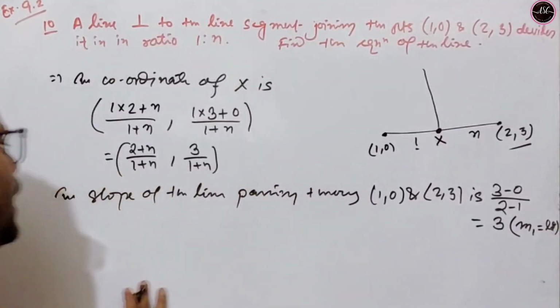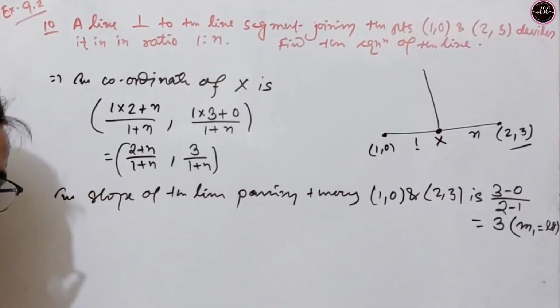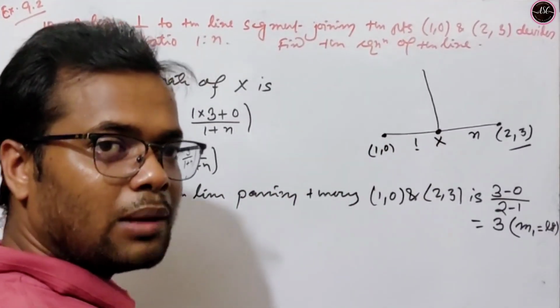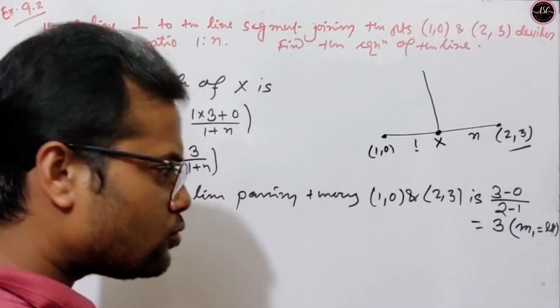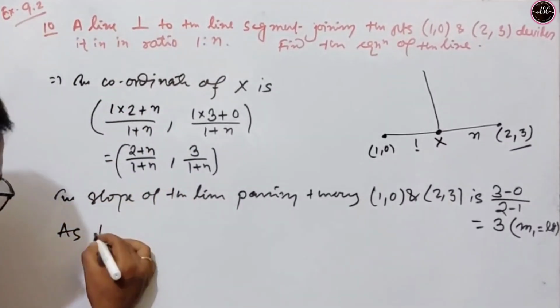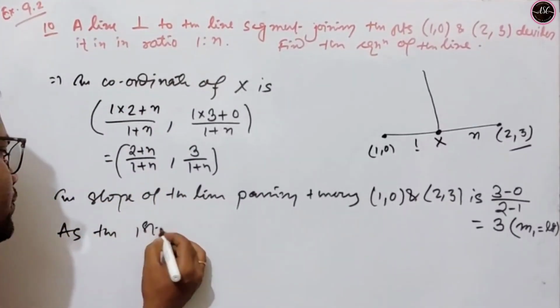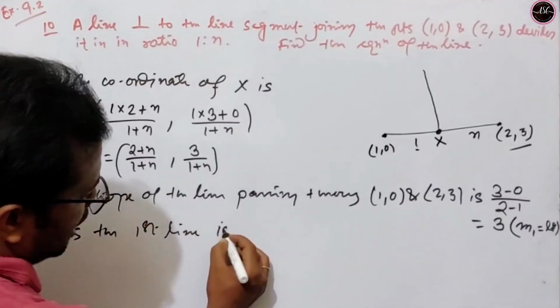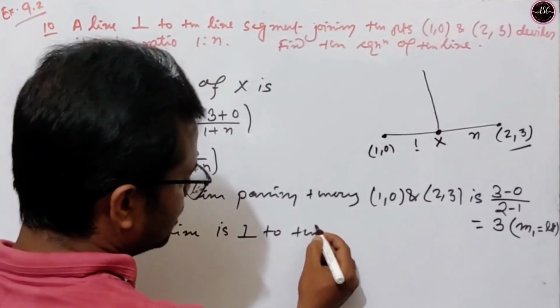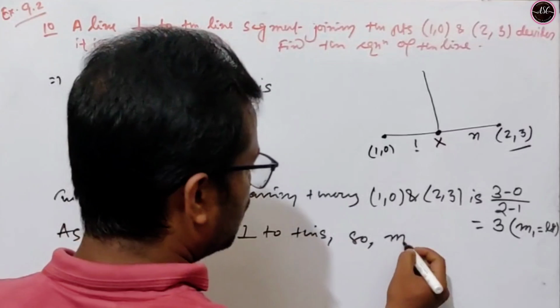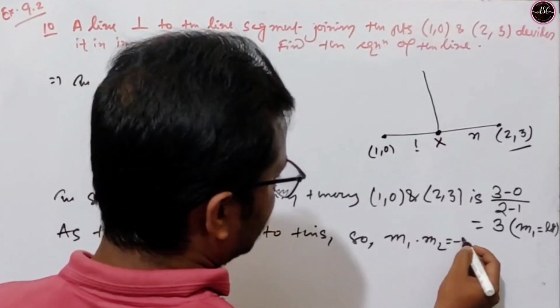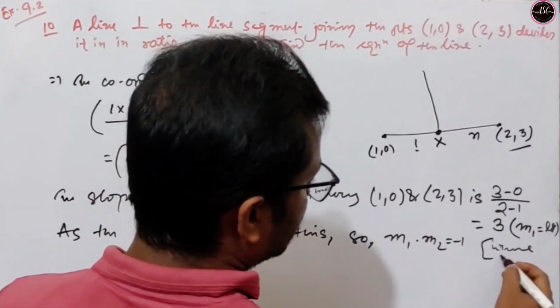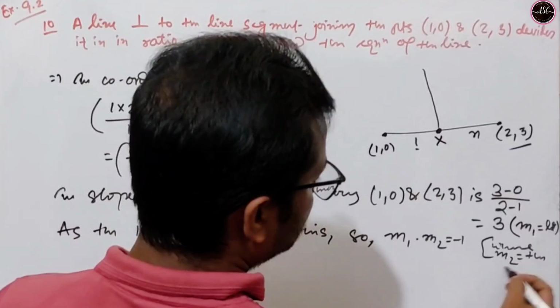This line is perpendicular to this, so the multiplication of their slopes will be minus 1. So m1 into m2 equal to minus 1, where m2 equals the slope of the first line.